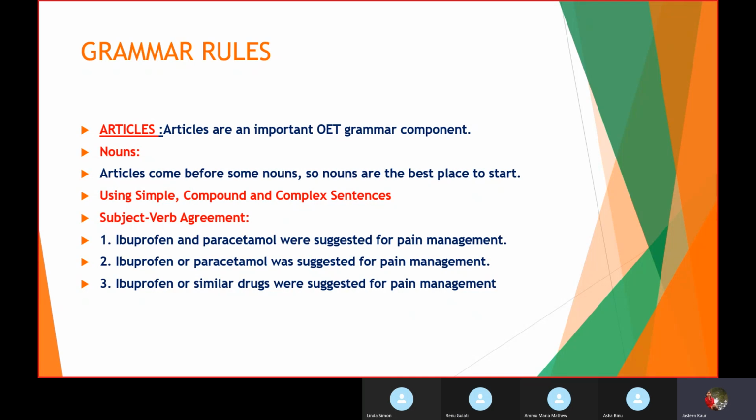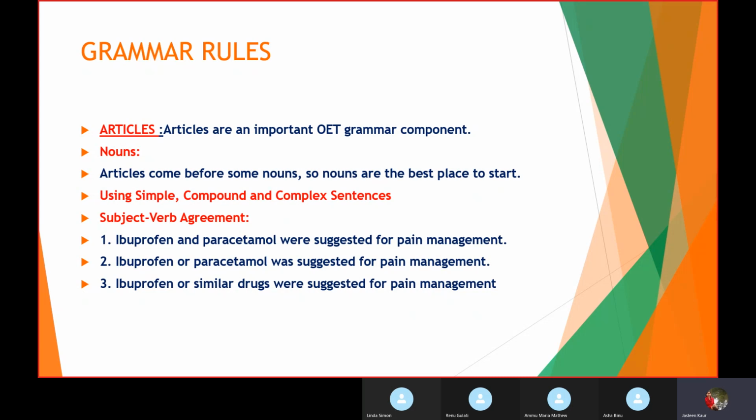So when we say ibuprofen or paracetamol was suggested, this is also correct because either one has to be given, so it's singular. Now the third one says ibuprofen or similar drugs. Drugs is plural. So what is next to that verb? We always consider that.